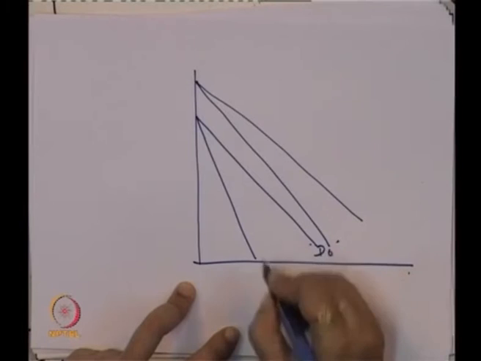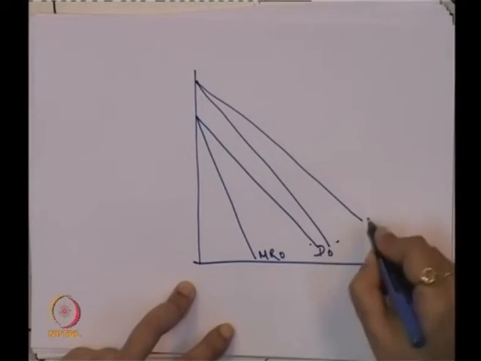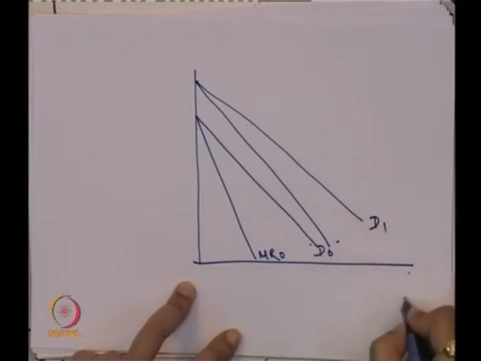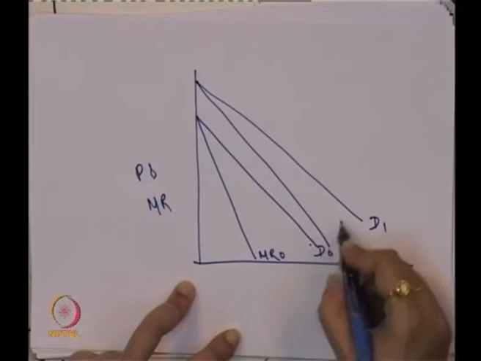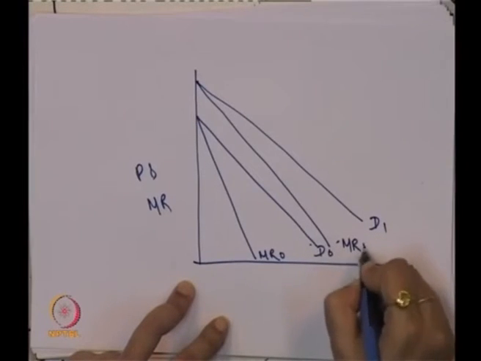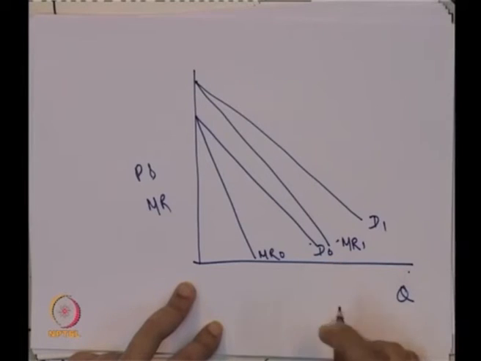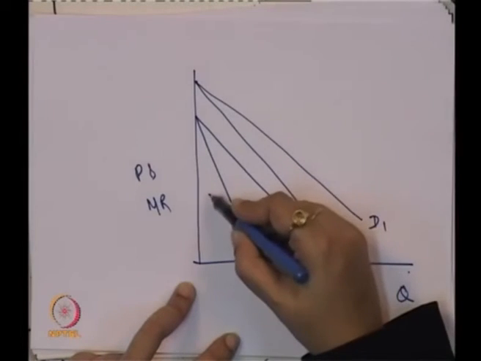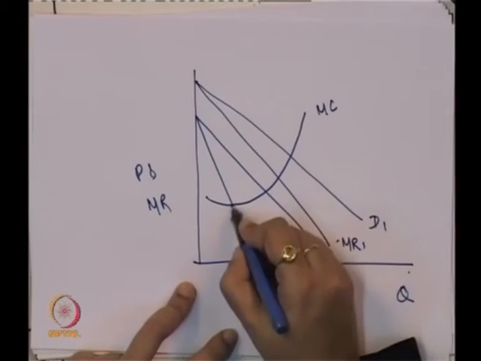So, this is D0, this is marginal revenue 0, and demand increases from D0 to D1 and we get a new marginal revenue curve corresponding to the new demand curve. This is the marginal cost curve.